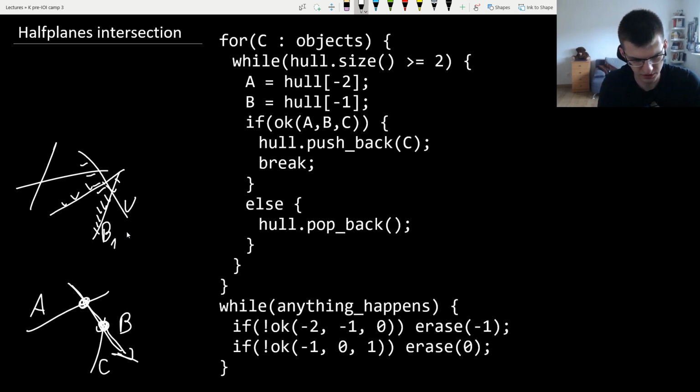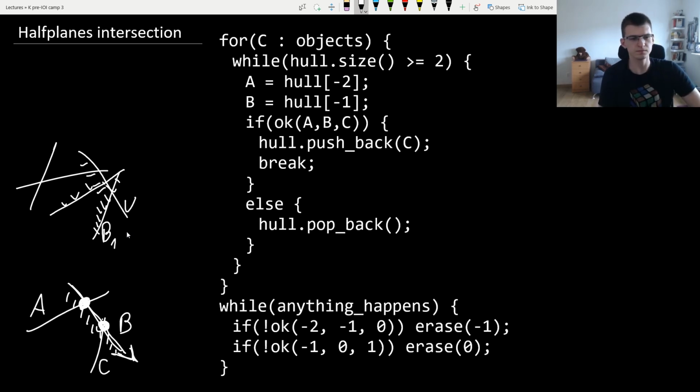If B goes in this direction, so it limits the area to the right of this vector, then we can take, let's say, the intersection point with A, the intersection point with C, and check if the vector from the first one to the second one is the same as the vector of B. Or we can check if the dot product is positive.